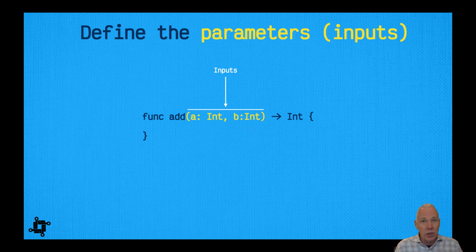So again, the analogy to our recipe would be like having two slices of bread coming into our function to make our grilled cheese sandwich. Here we have two variables coming into this particular function, and we define them here. So we give them a name, and then we follow it with a colon and then a type.